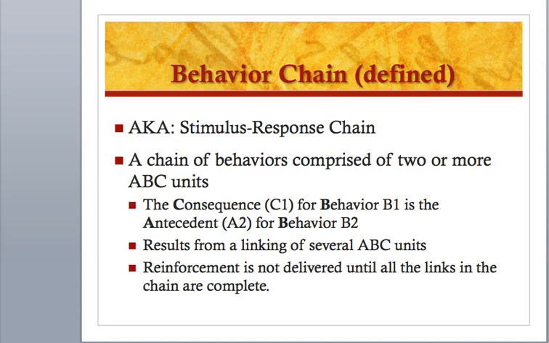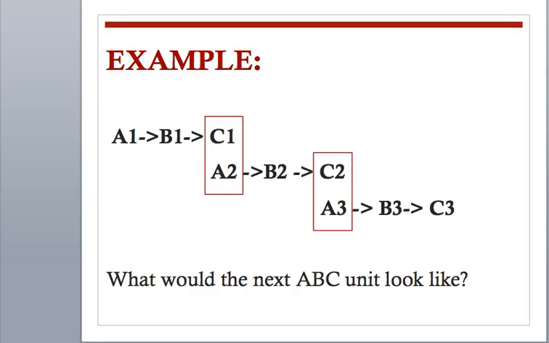Let me show you a diagram example here. We have three behaviors in a chain: behavior 1, behavior 2, and behavior 3. The three-term contingency for behavior 1 is antecedent 1, behavior 1, and consequence 1. But the consequence for behavior 1, C1, is the same stimulus that will serve as the antecedent for behavior 2.